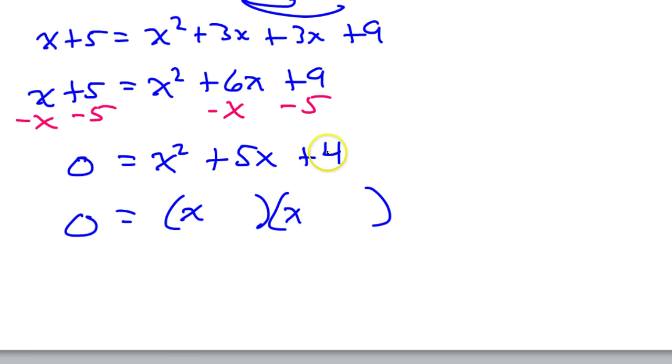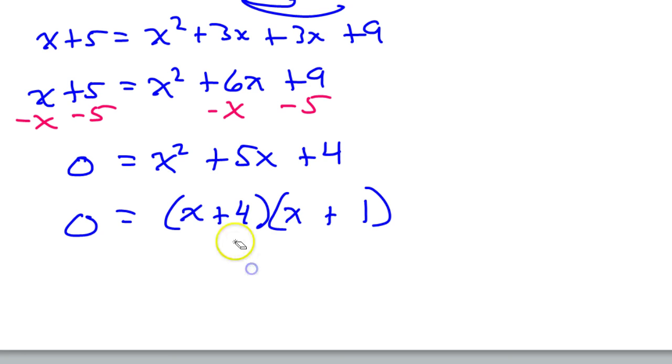Alright, 4. I'm thinking 4 times 1, because I'm trying to get the middle. Inner plus outer equals middle. Right now I have inner of 4x and an outer of 1x. So if I just leave them positive, that'll give me the 5 that I need, and it'll give me a positive 4. So that's how you factor this.